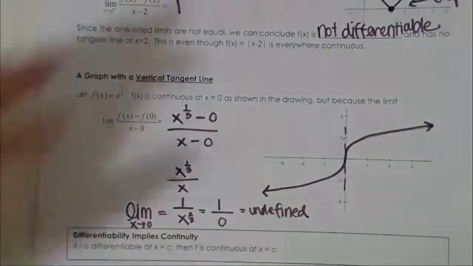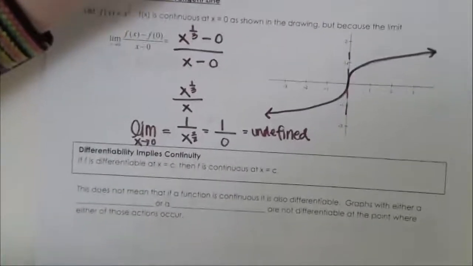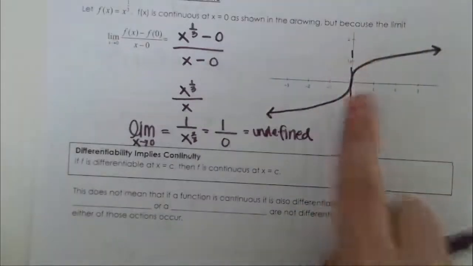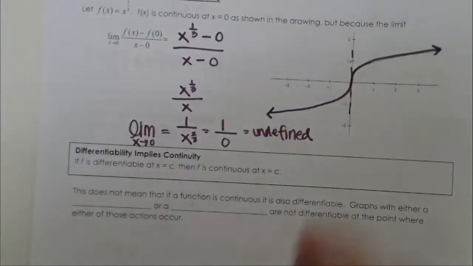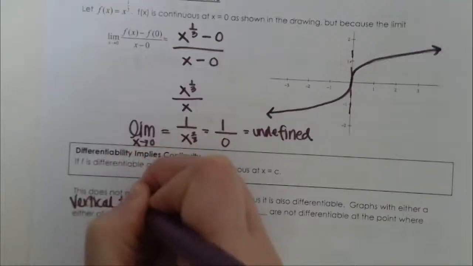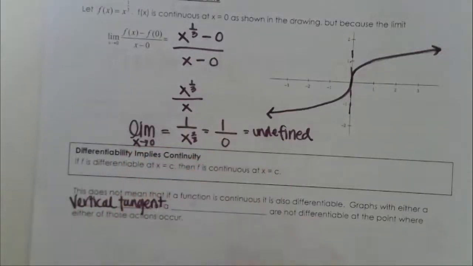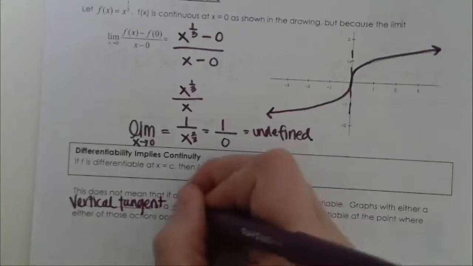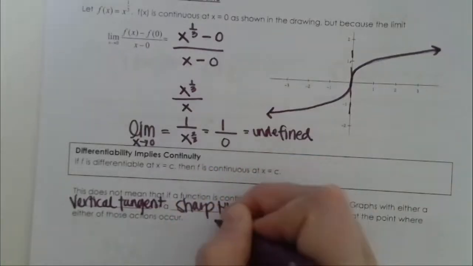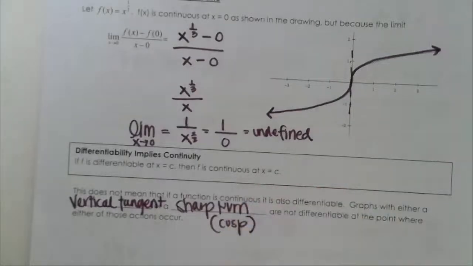Okay, last step. This does not mean that if a function is continuous, it is also differentiable. I just showed you two places where they're not differentiable because of the undefined slope or the cusp. Graphs with either a vertical tangent or a sharp turn, which we call a cusp, are not differentiable at the point where those things occur.